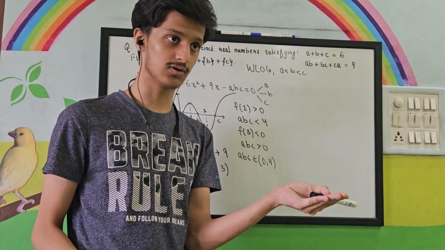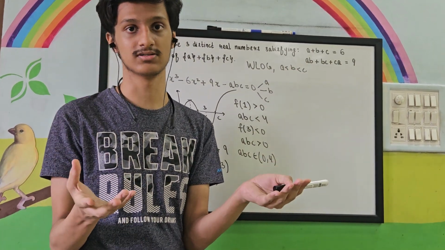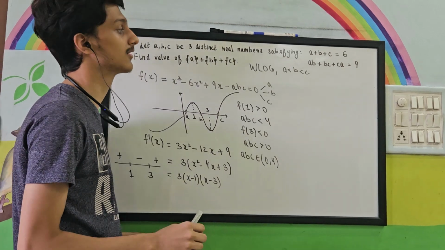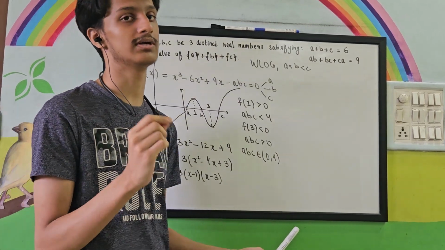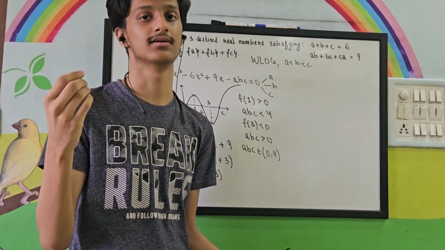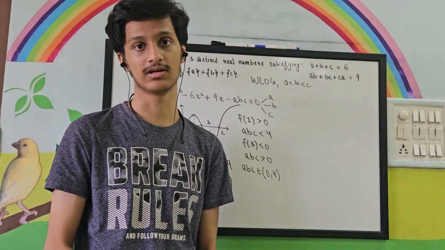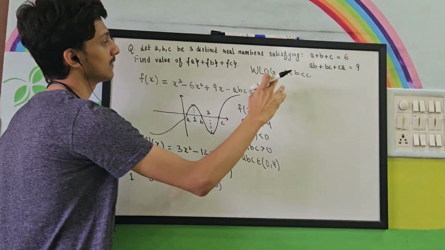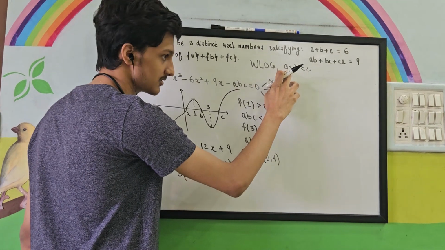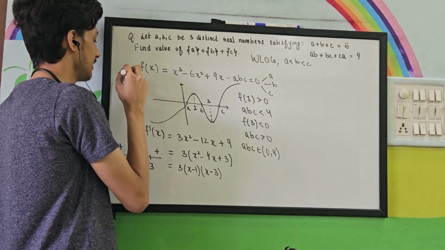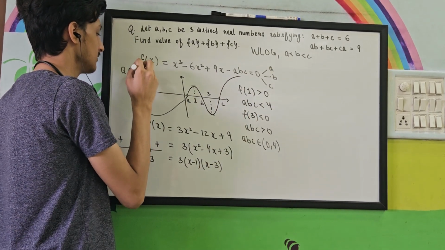So f of 0 is less than 0 and f of 1 is more than 0. That means that the curve will have a root between 0 and 1 as dictated by the intermediate value theorem. We just determined over here that a is the smallest root, so let a be between 0 to 1.